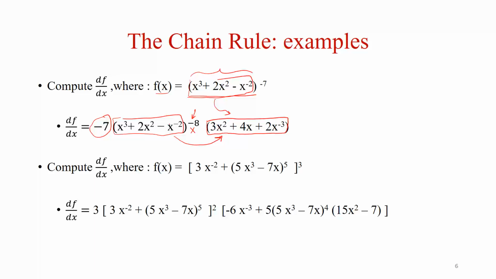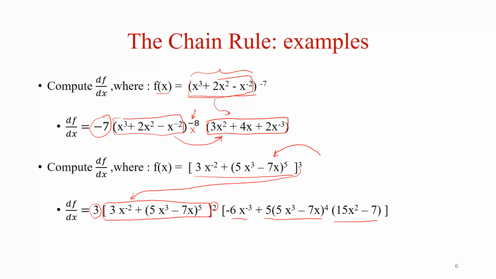Another example here for this sub-expression. If I want to derive this sub-expression, I start with the 3, and whatever is inside here I put with it, obviously decreasing the exponent from 3 to 2. And then I look at what's inside the box and derive it. So you can see minus x3 and the derivative of the expression up here.